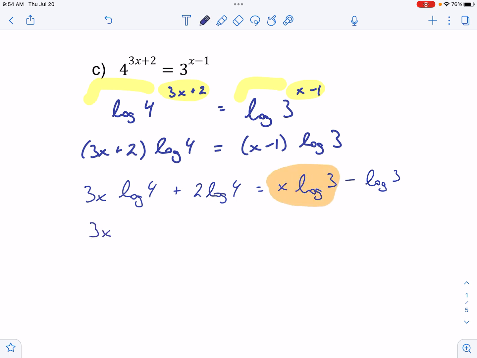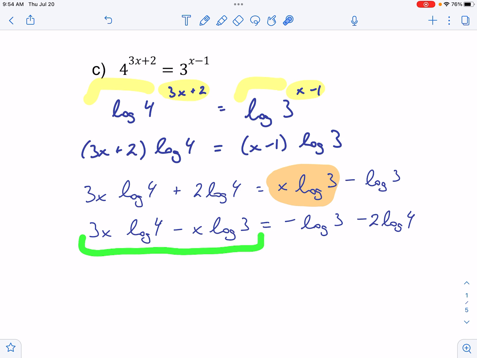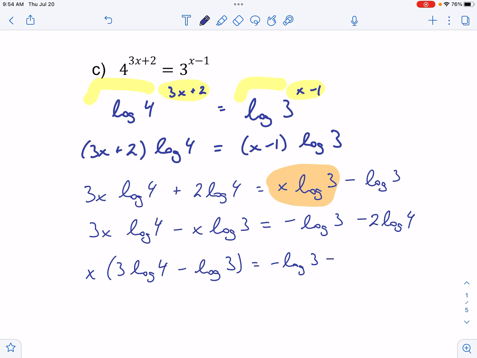So I have a 3x log 4 take away x log 3 is equal to negative log 3 minus 2 log 4. Of my two terms on the left, I can factor out an x, leaving me with x times 3 log 4 minus log 3 is equal to negative log 3 minus 2 log 4.